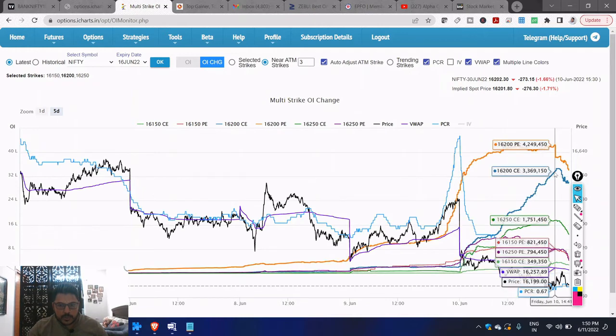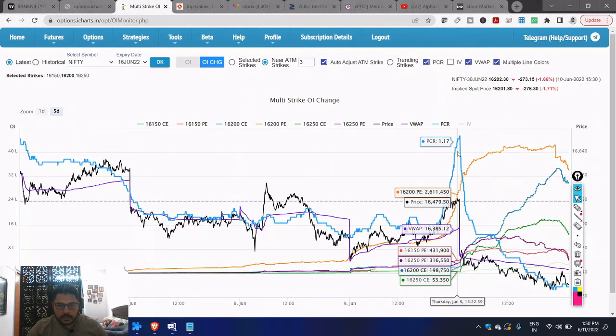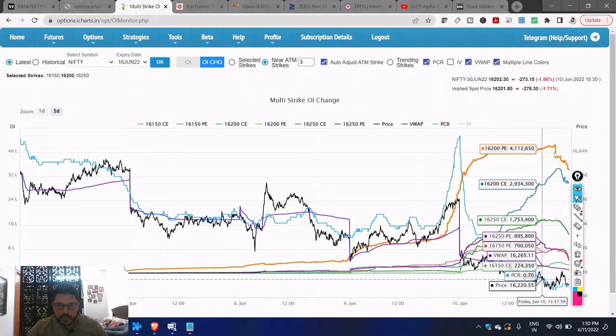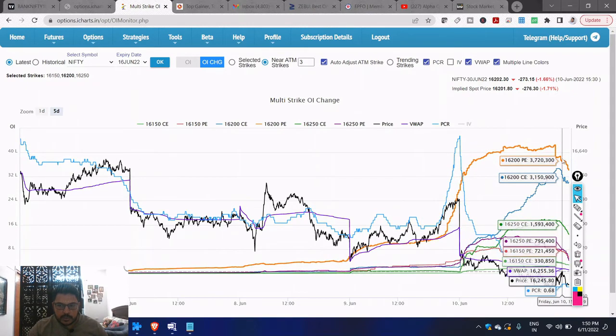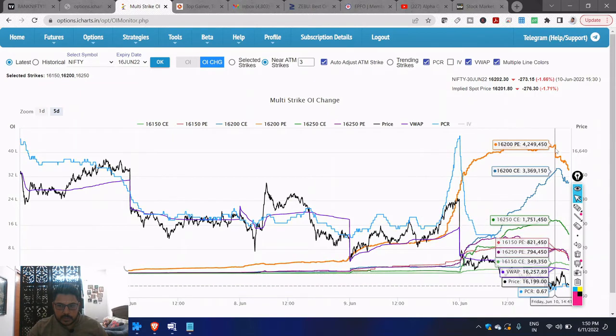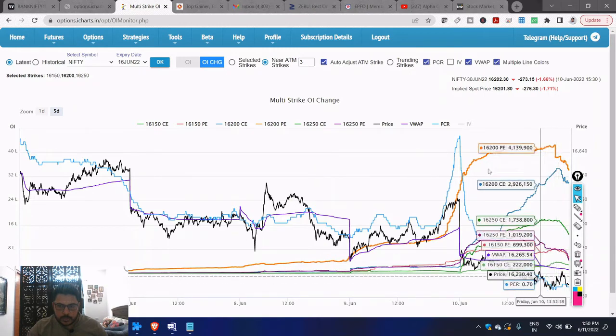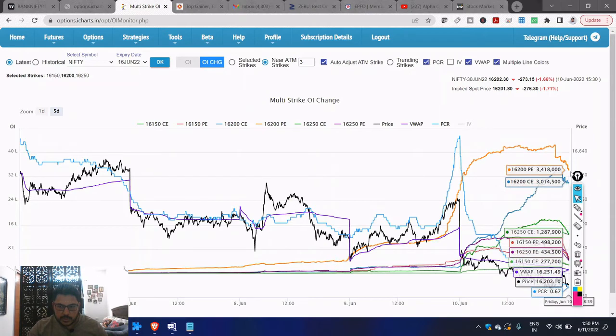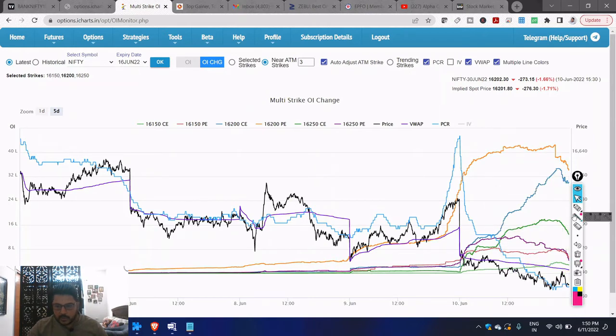So multi-strike OI, as you can see, put call ratio has fallen down and then again picked up, but the 16,000 put open interest has been going pretty high. Now it started coming down from the 10th of June, Friday it came down drastically. So put writing was going on, expecting the market to go up, but from there it started crashing. So we experienced a fall on Monday.